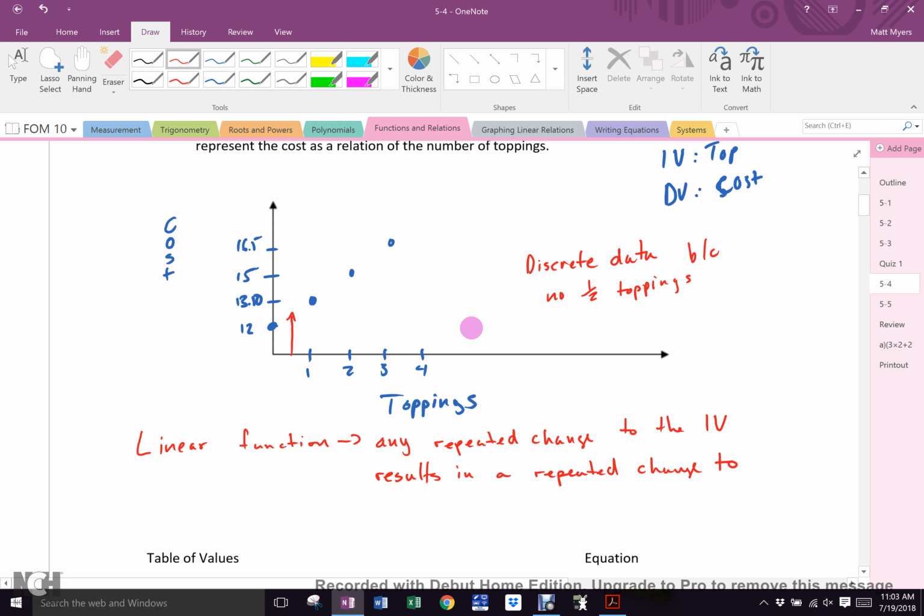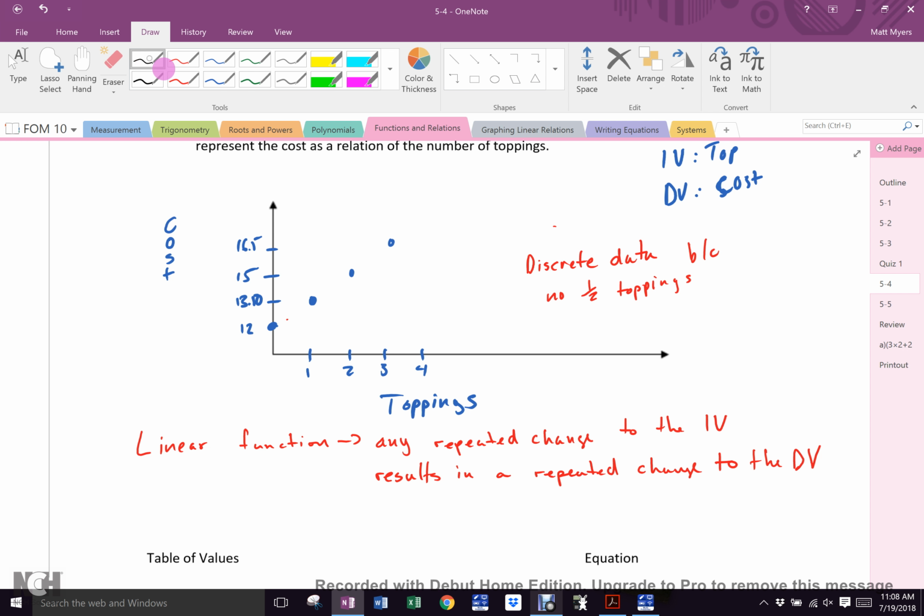Do you know what I think has happened? No. I think in a repeated change to the DV. Now, what this means is this.